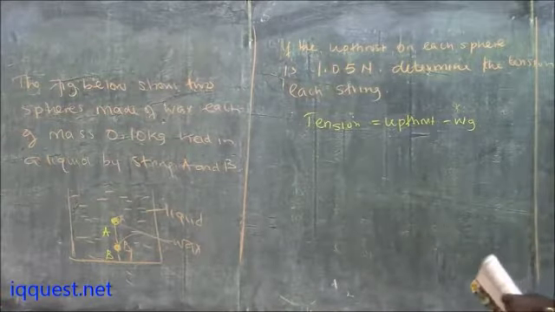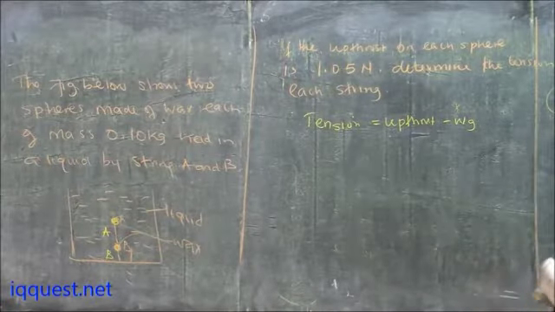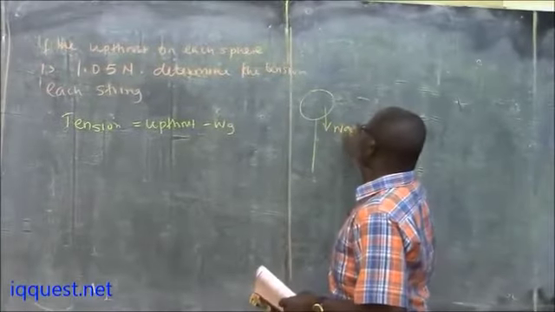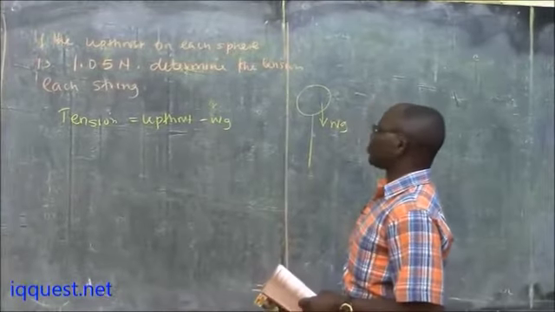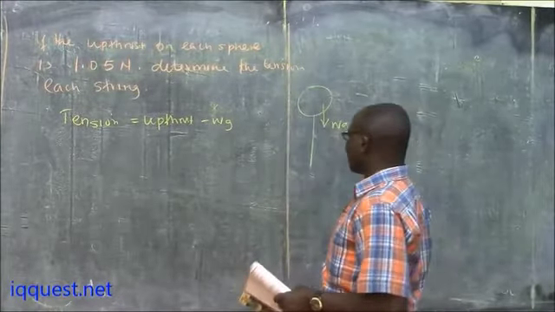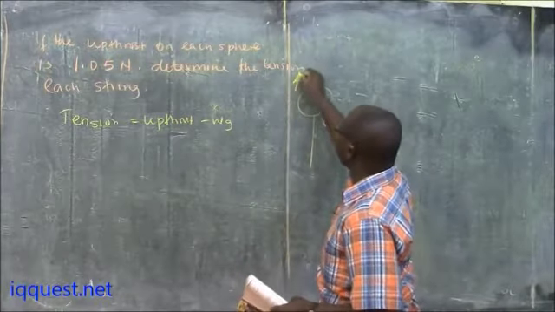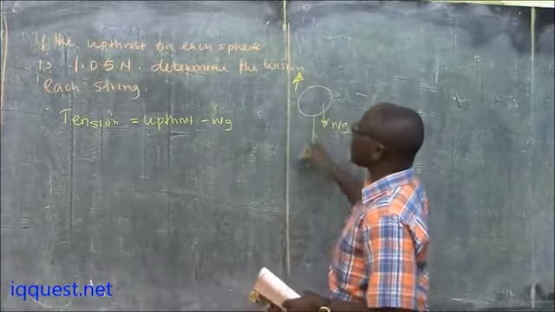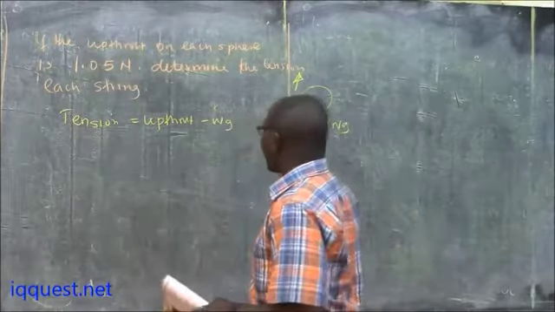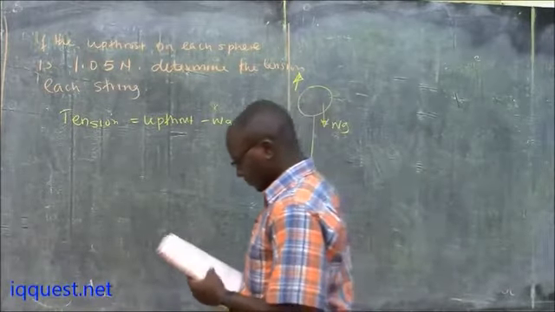Because we have that tension, it won't go away, but then we have the weight downwards, that's the weight of this sphere. So the upthrust is the force going upward, and then we have the tension. So the resultant equals the tension of that string.